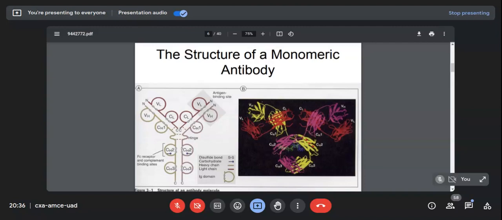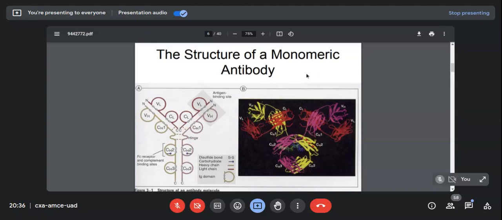If it's outside the cell, the particular type of adaptive immunity is called humoral adaptive immunity. If adaptive immunity is found inside the cell, the name is cell-mediated adaptive immunity. Take note of those facts. I'll come back and talk about them.